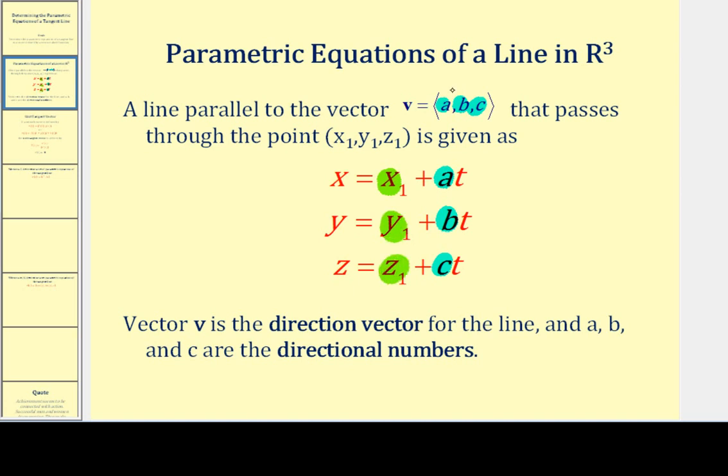So in order to determine the parametric equations of a tangent line to a curve, we'll have to determine two things. We'll first determine the point of tangency, x1, y1, z1, and then we'll determine a unit tangent vector, or at least a tangent vector, and the components of that tangent vector will give us a, b, and c.